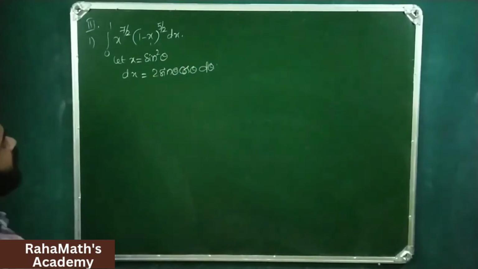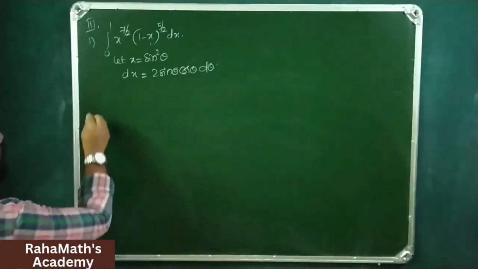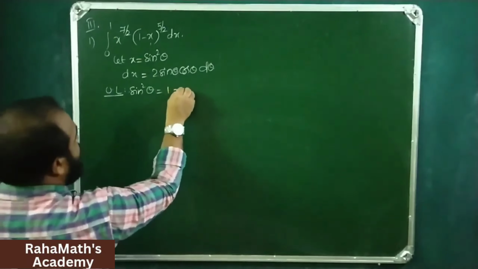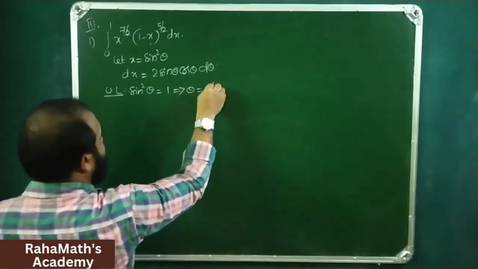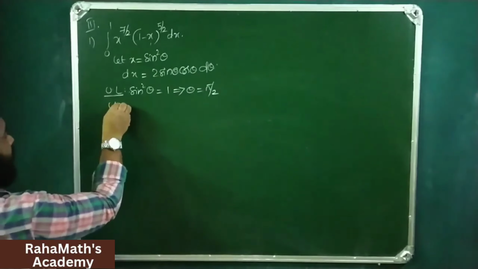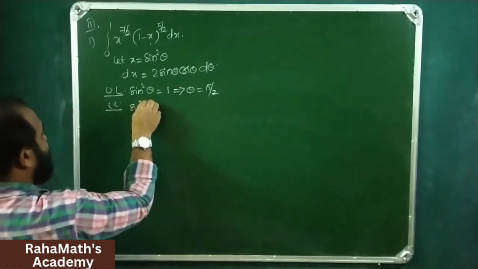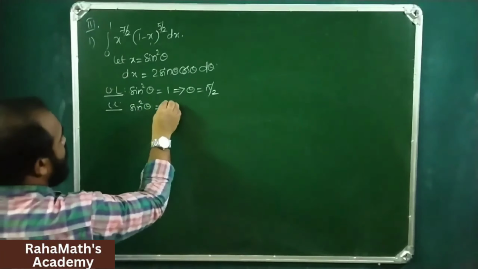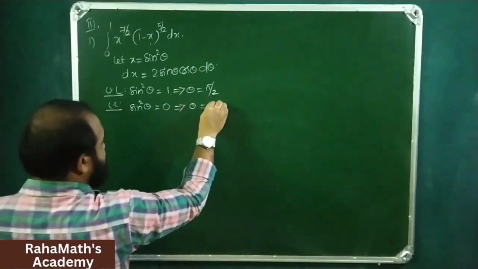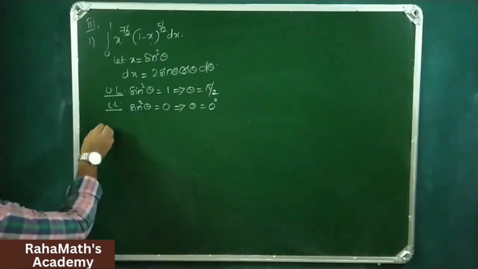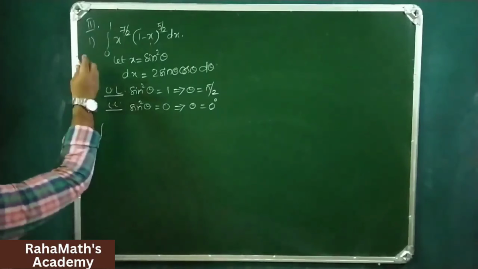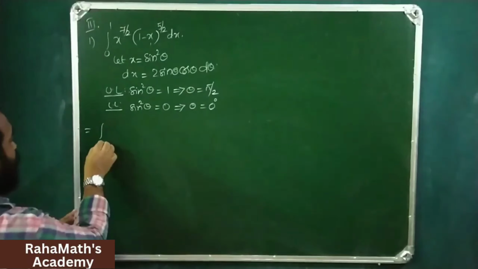Now we have to change the limits also. Upper limit: sine square theta is equal to 1, so theta is equal to 90 degrees. Lower limit: sine square theta is equal to 0, then theta is equal to 0 degrees. So 0 to 1 has become 0 to pi by 2.